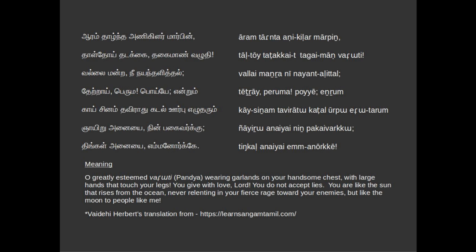Then he goes ahead and says, Kai sinam. Kai is to burn, to afflict, to create suffering. Sinam is anger. Taviradu, without any exception. Kadal is sea or ocean, a large water body which cannot be crossed.